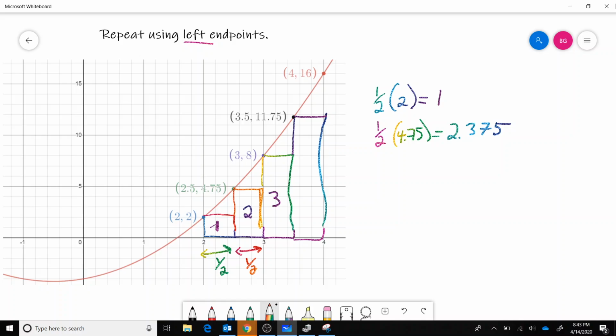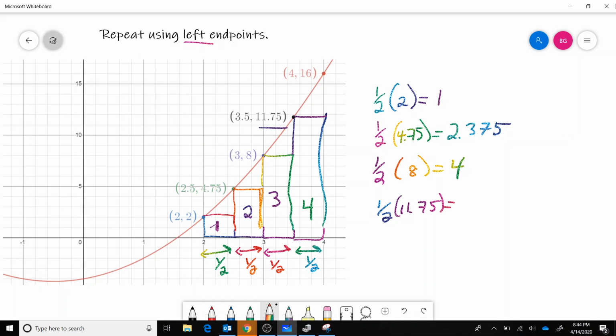Box number 3 here has a base of 1/2 and a height of 8. So he's got an area of 4. And box number 4 here has a base of 1/2 and a height of 11.75. And so that comes out to be 5.875.